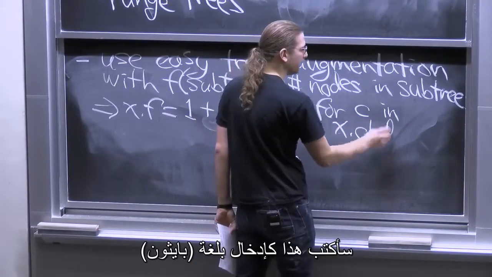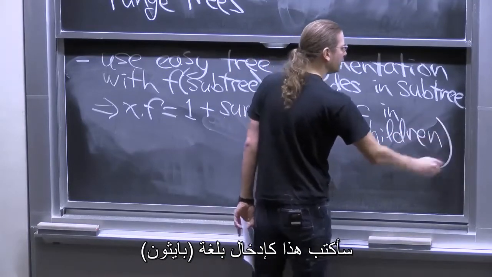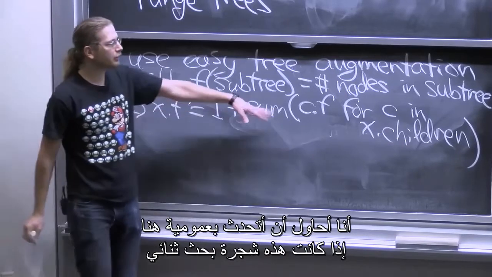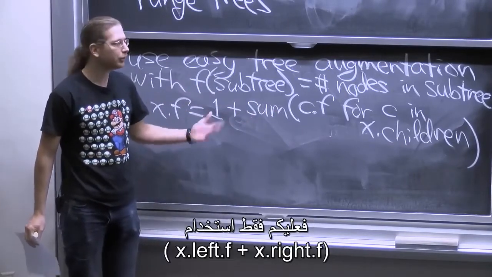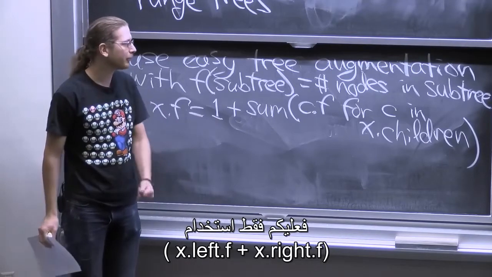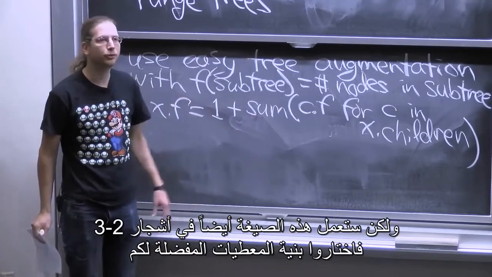I'll write this as a Python interpolation, so it looks a little more like an algorithm. I'm trying to be generic here. If it's a binary search tree, you just do x.left.f plus x.right.f, but this will work also for 2-3 trees.